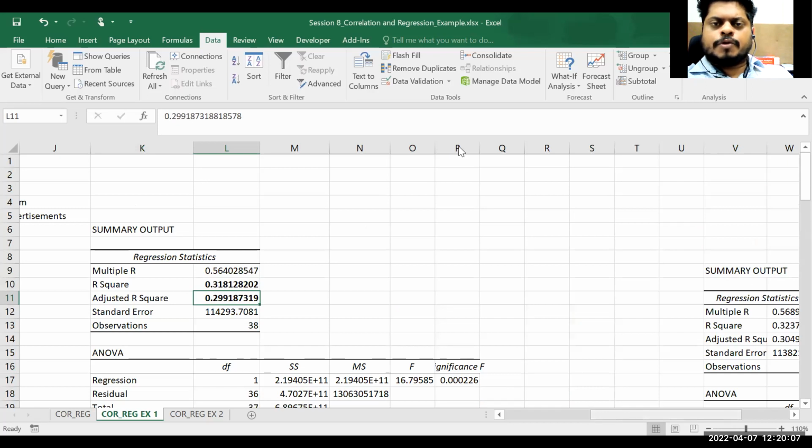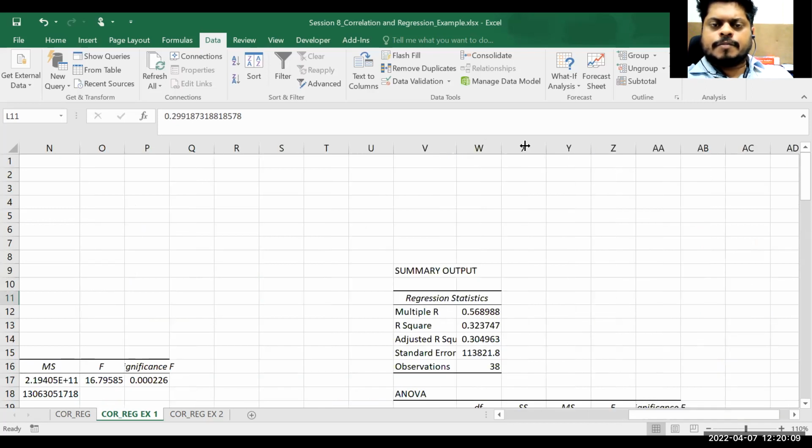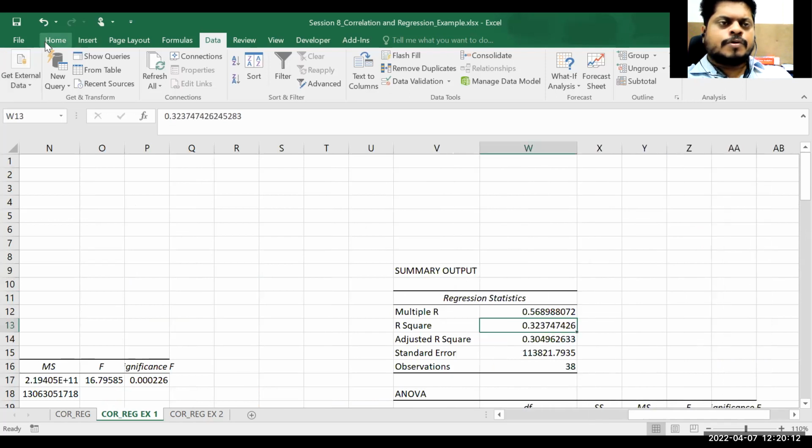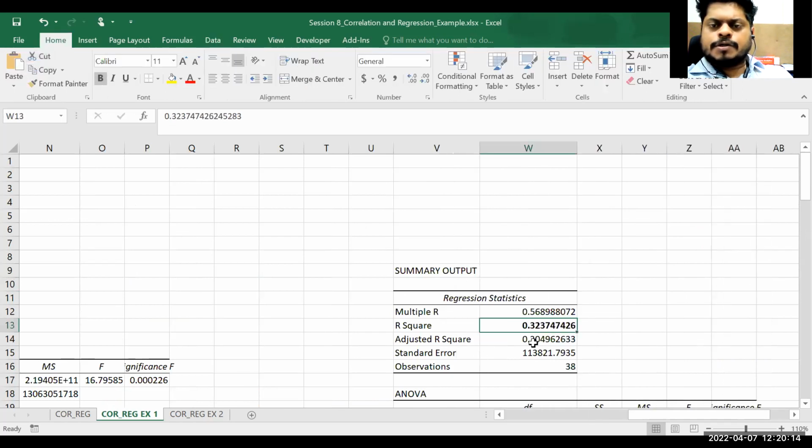If I build a model only with P, my R square is 0.32 and adjusted R square is 0.30. Yeah, now tell me the question you have.